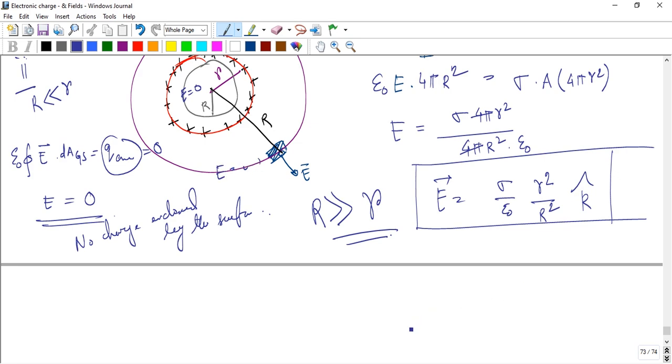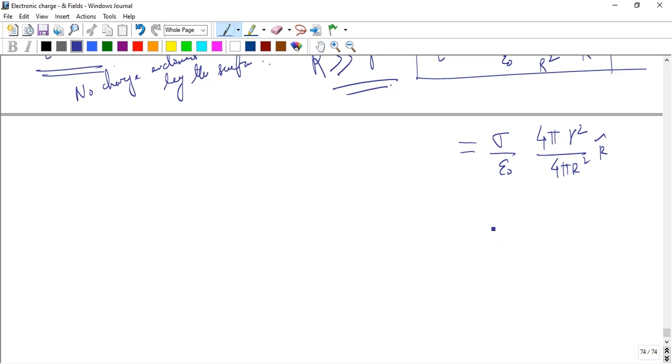Now there's some mathematics here. Sigma by epsilon naught, if you multiply by 4 pi in numerator and denominator, 4 pi r squared, and r cap. So 4 pi r squared times sigma means sigma times the area of the charged surface, and by epsilon naught, and the area of the Gaussian surface, times r cap.